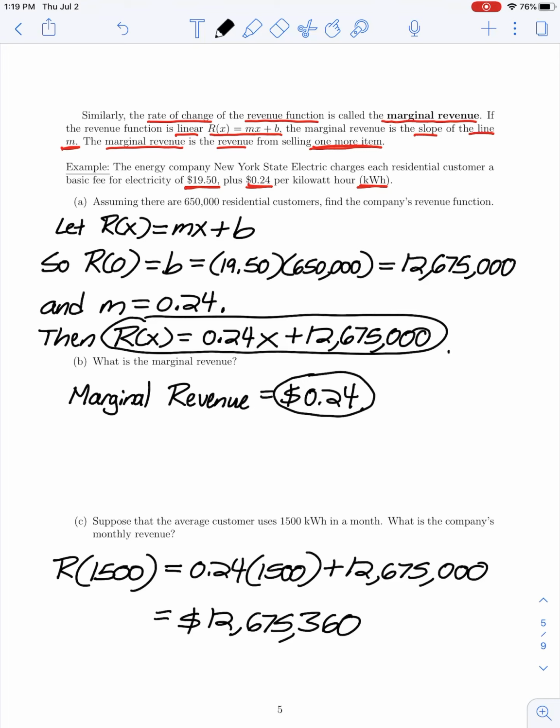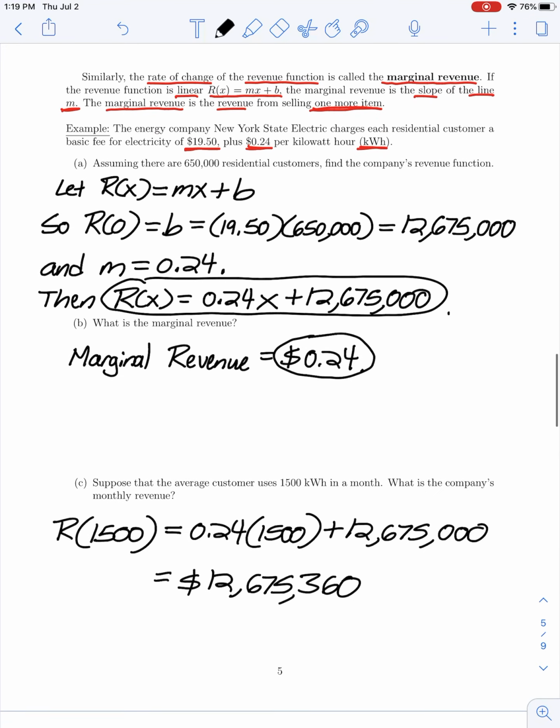Okay. Now, let's see. The wording here is a little bit tricky in this problem, so let's be a little careful here. So if we are reading this that the total group of customers is using 1,500 kilowatt hours in a month, then this would be the monthly revenue that we found here.